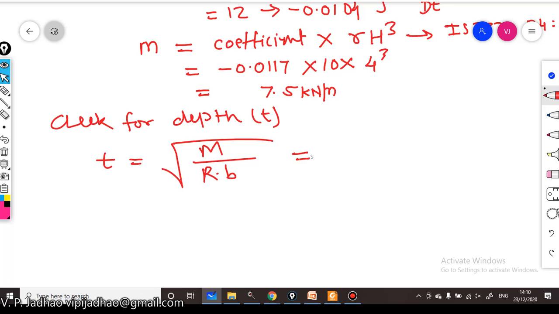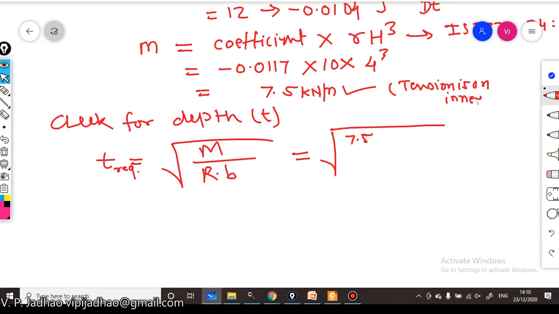This will be T required. So we have M is equal to 7.5. We will be neglecting this negative sign, because this negative sign indicates that tension is on the inner side of the wall.